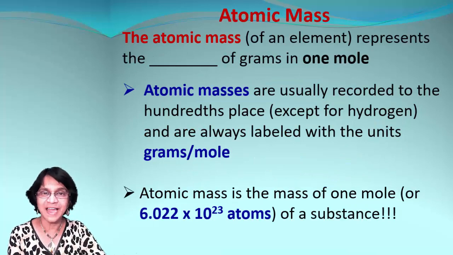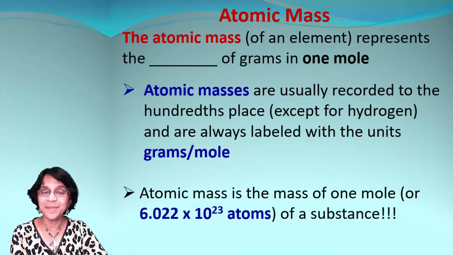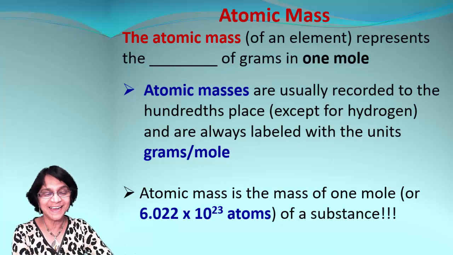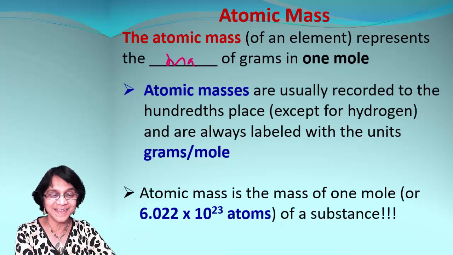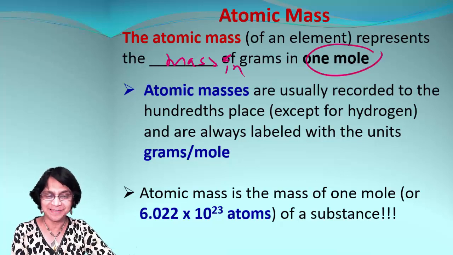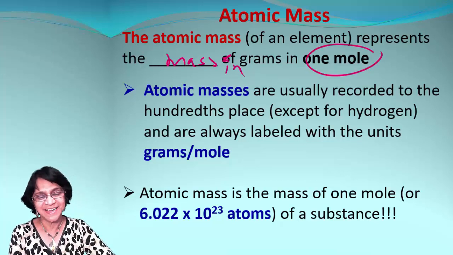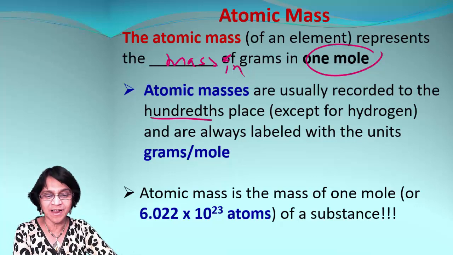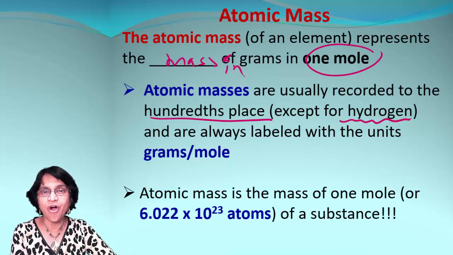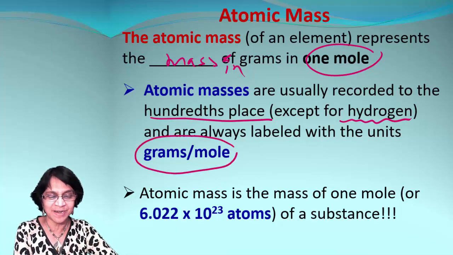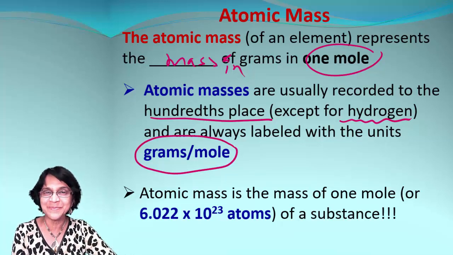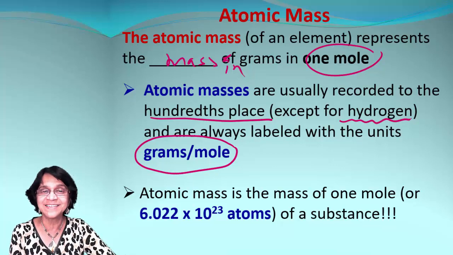Okay, let's talk about the atomic mass. The atomic mass is the mass in grams for 1 mole of an element. And how do we represent it? We usually represent this to the 100th place, except for hydrogen, and we always have the units labeled as grams per mole, which indicates it is the mass for 1 mole of any chemical substance.